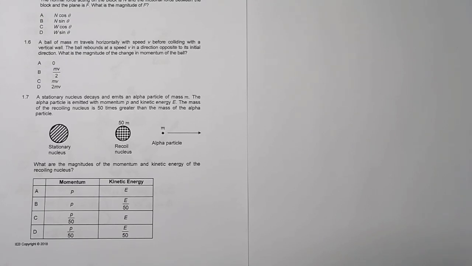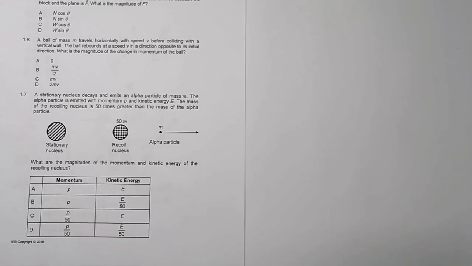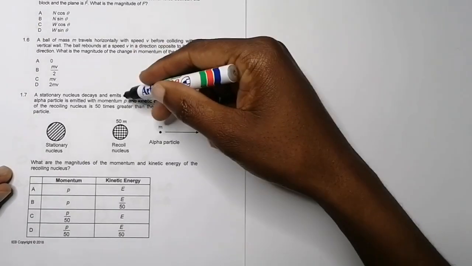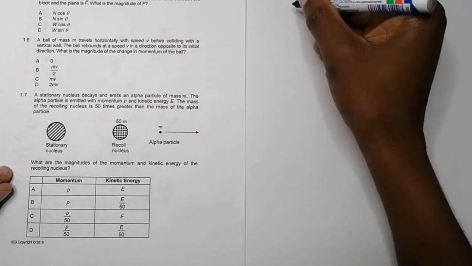So remember, this is 50 times the mass of the alpha particle. Now they ask: what are the magnitudes of the momentum and kinetic energy of the recoiling nucleus? So the momentum of the alpha particle, they had given us as p.